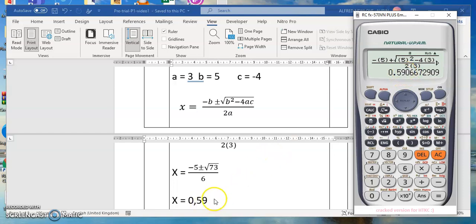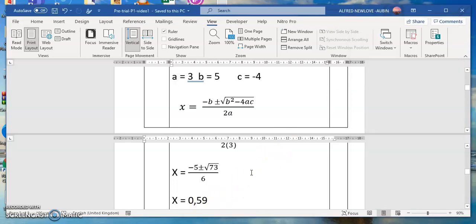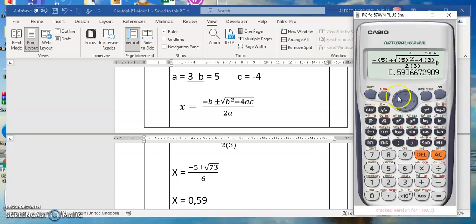You get your mark here also. Then the next thing you need to do is we need to get the other, because it's plus or minus. You only did plus. Alright. So how do you get a minus? Move the cursor back. So you use the back arrow. So you move it. You see that we are moving it back. You see the cursor. There's the cursor. Move it back.